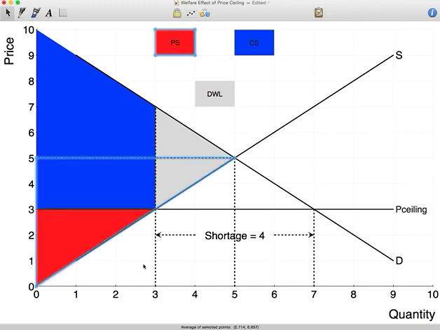Remember, the highlighted large triangle here was the original area of producer surplus. We lose this area here, the bottom part being the deadweight loss. This is producer surplus that used to be generated. And this area here is now consumer surplus.